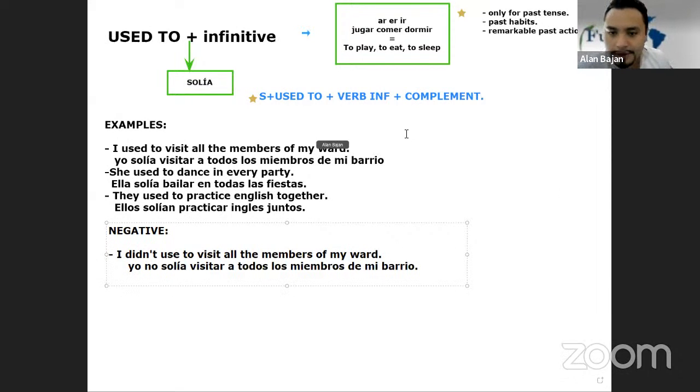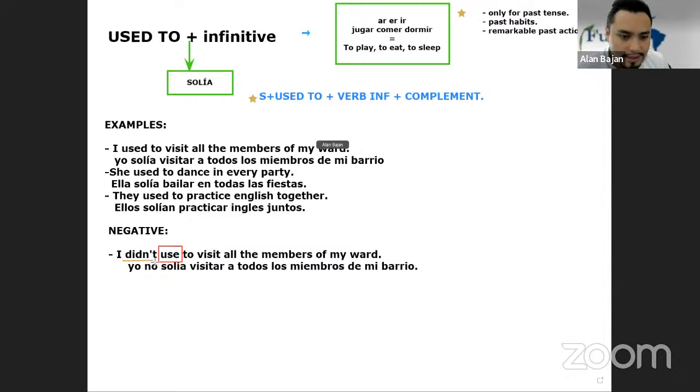Please notice that in negative form, used to changes because I have an auxiliary that is helping me to cover the past tense of the sentence.